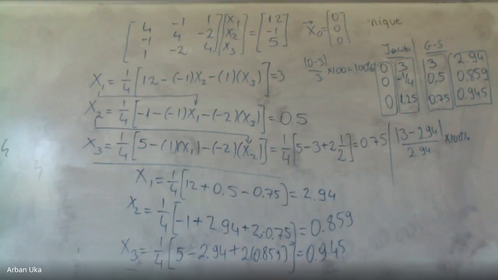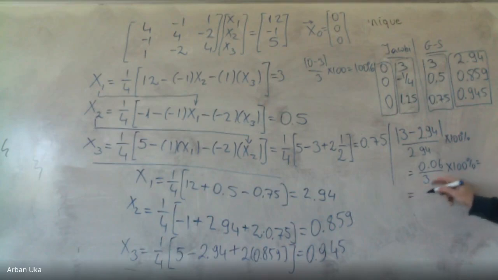It looks like this value is going to be some relatively small value. 3 minus 2.94 is something like 0.06. 0.06 divided by a number which is approximately 3. Okay, if you have a calculator, you can immediately find what this error is.